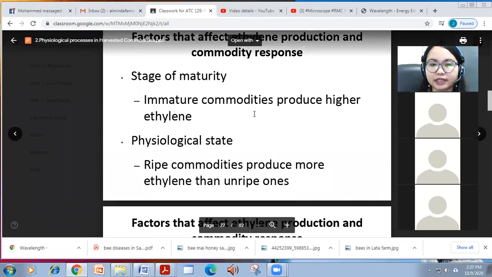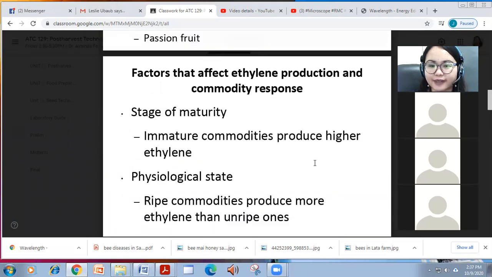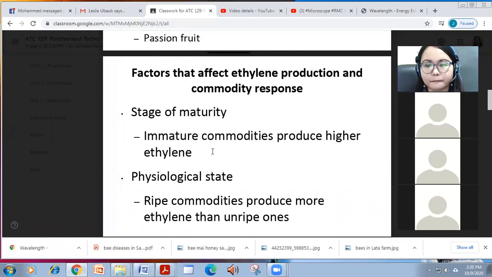Factors that affect ethylene production and commodity response. What are these factors that will alter ethylene production? We have stage of maturity and physiological state.